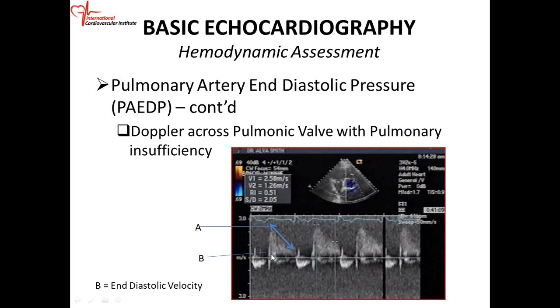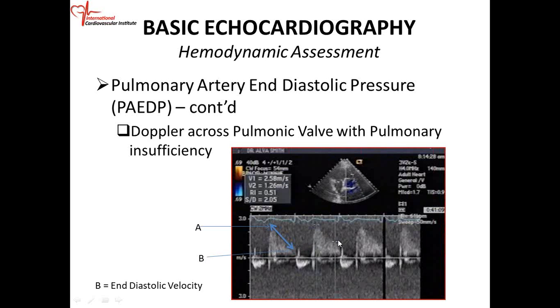So if your ECG is on top, pulmonic insufficiency or pulmonary regurgitation is a diastolic phenomenon from the end of the T wave to the QRS. The velocity we're talking about is your end diastolic velocity.